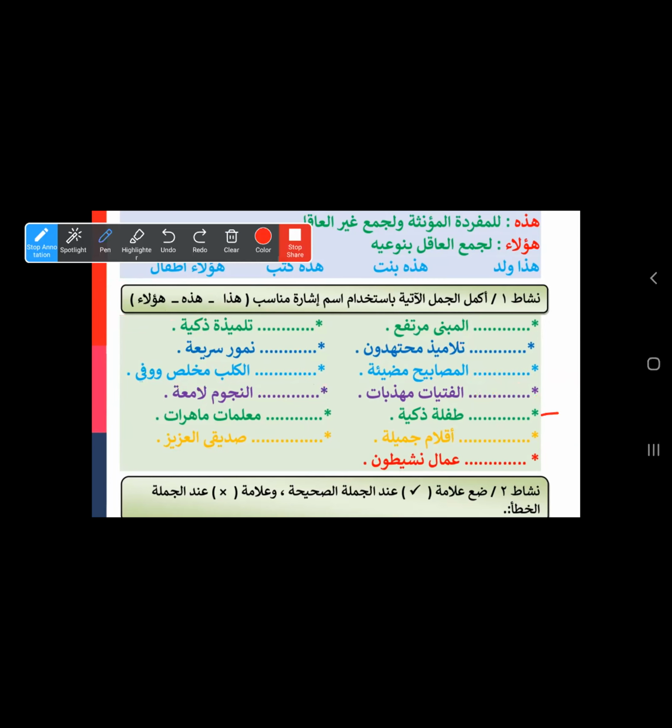The next one. هذه طفلة ذكية. The child is intelligent. صح. The female one. نعم. هؤلاء معلمات ماهرات. The teachers are proficient. نعم. ماهرة. يعني proficient. هؤلاء معلمات ماهرات. طيب. نعم. أختي فرزانة. الأصفر. أقلام جميلة. هذه أقلام جميلة. أحسنتي. صديقي العزيز.